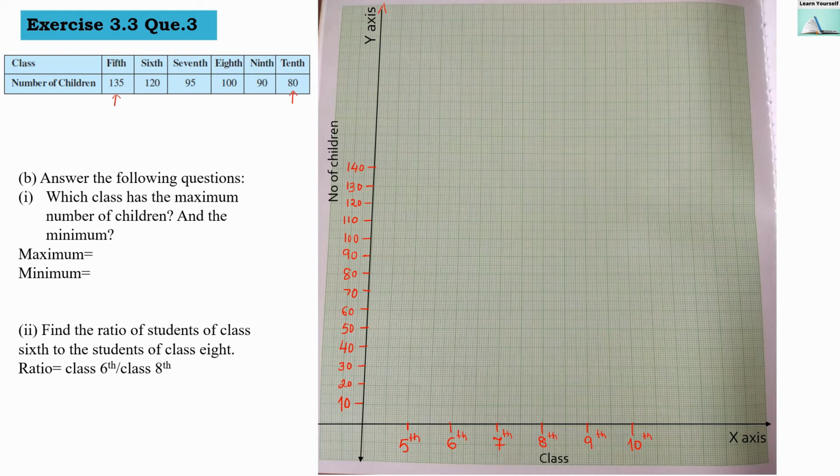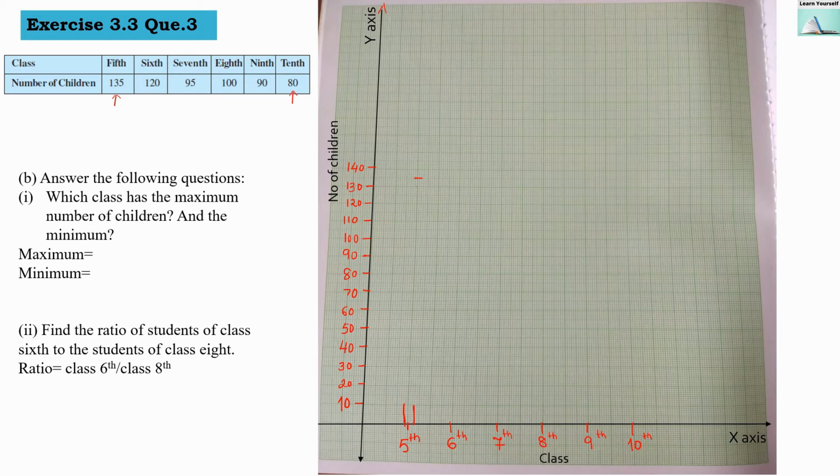So first, 5th standard, the maximum reading, that is 135. So my 130 lies over here. So in between 130 and 140, my 135 will come. So I am going to make 5 columns line over here, which I am going to draw and join over here on the x-axis, and this is going to be my bar graph for 5th standard. Similarly, I am going to take the reading for all the classes.